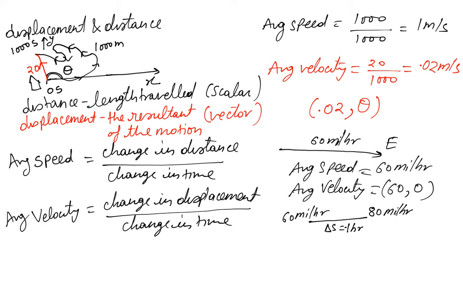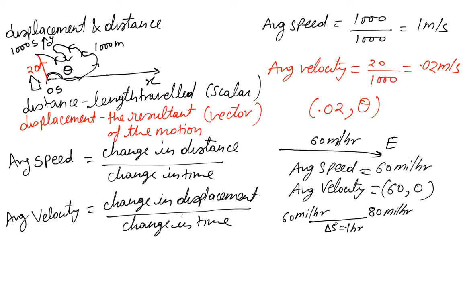I have seen speed limits of 80 miles per hour, so that's legal. So what is the change in speed here, or the velocity? In this case both speed and velocity are the same because you're traveling in just one direction. In the earlier case, average speed and average velocity were not the same, but in this case, because you are traveling in a straight line, they are the same.